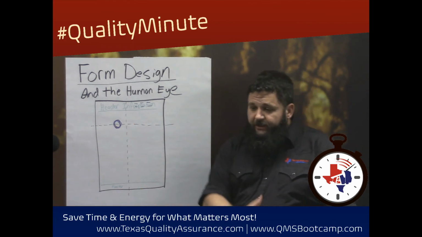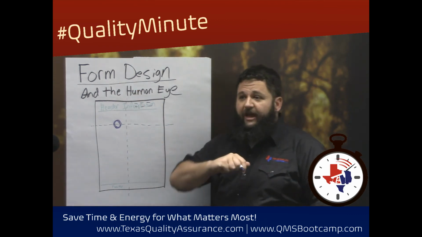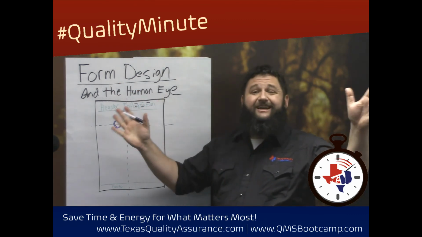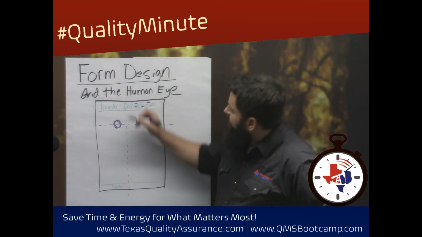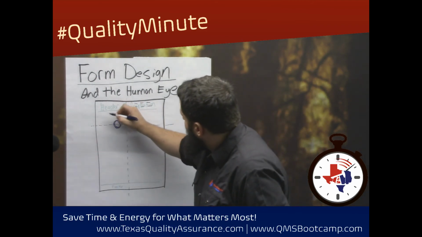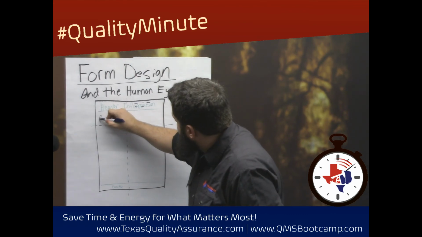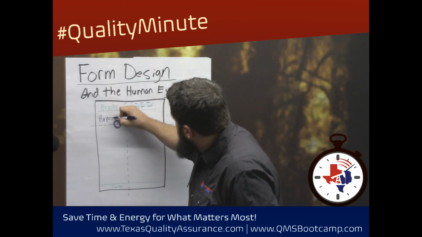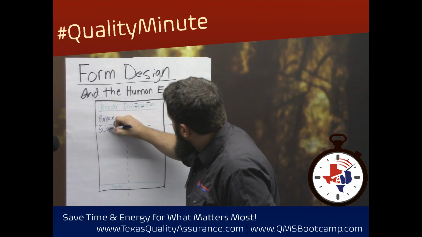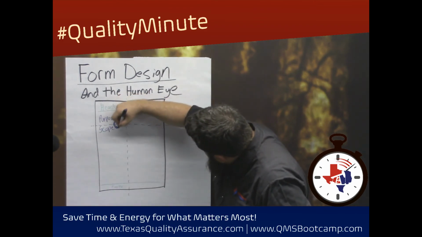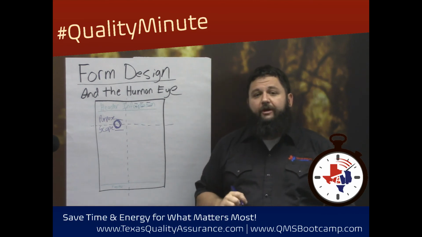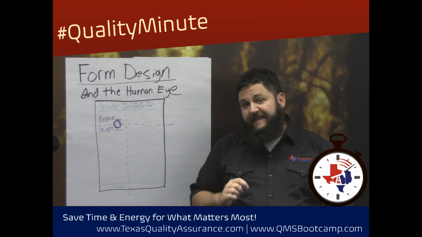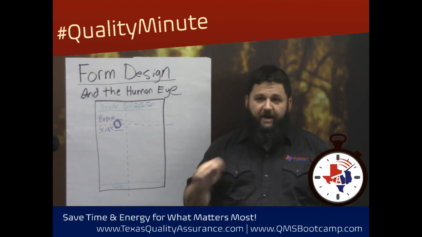So if you've ever looked at any of the procedures or forms that we have available online, which there's tons of free content online at texasqa.com, we start all of our forms and procedures with a purpose and a scope statement that align with the focal point of the form for where our eyes naturally gravitate to.